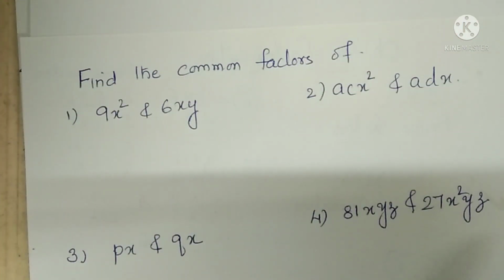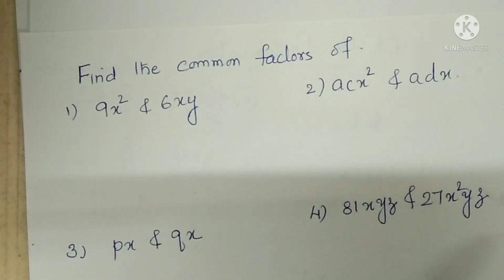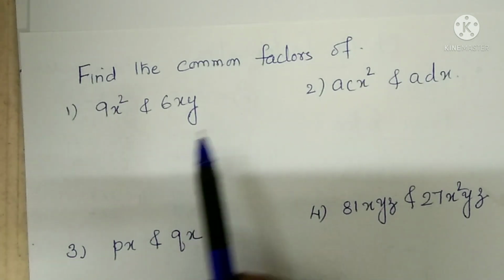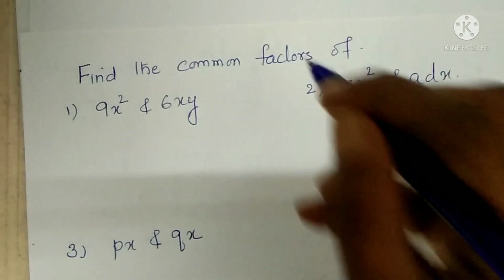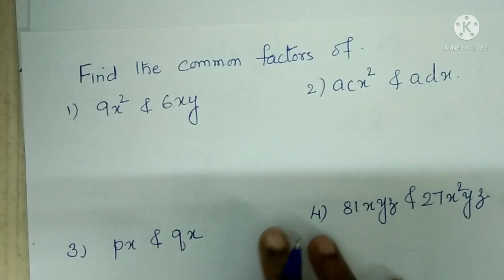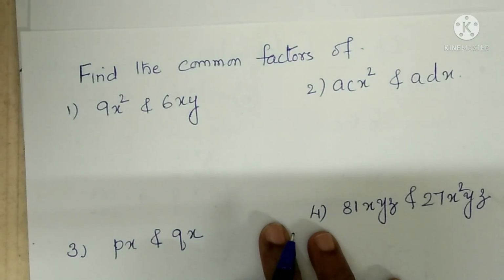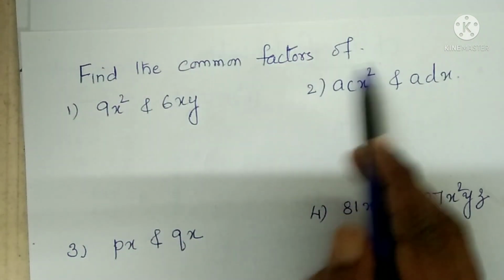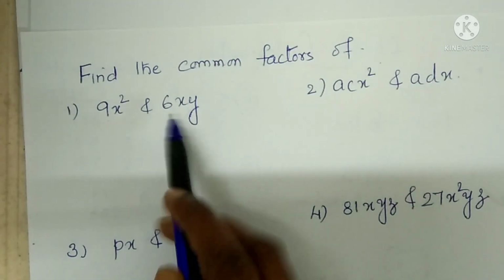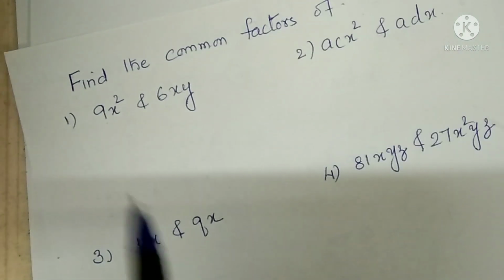Now, let us solve some of the questions. These questions are not from the textbook, but just for you to be familiar with the method of taking common factor out. See here, find the common factors of 9x square and 6xy. So, how will you do that?